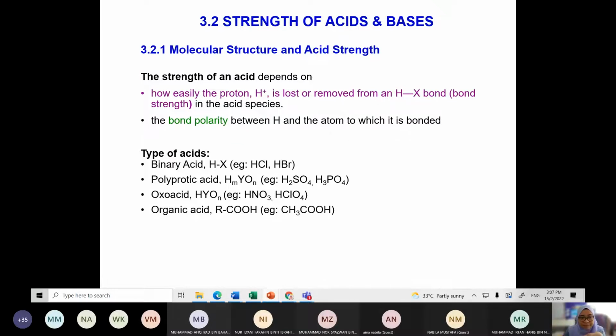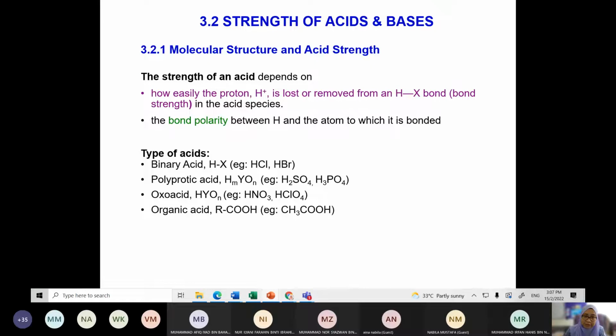So how easily the proton is removed matters: the easier it is to remove the proton, the stronger the acid is. That is the fundamental of acid strength.